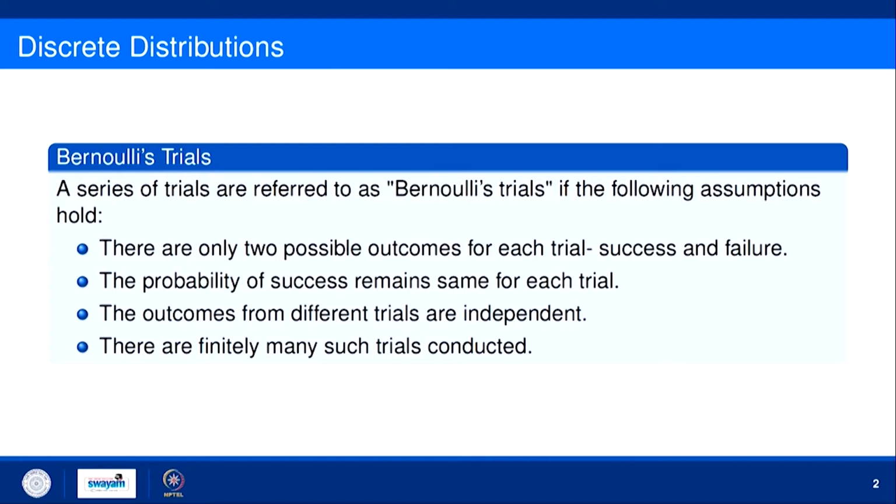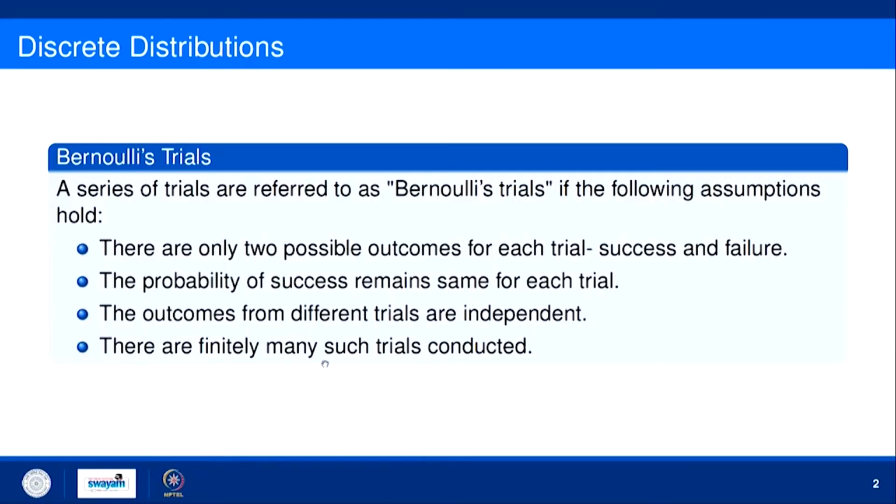Next, the outcomes from different trials are independent. The first trial will not affect the other trial, the second trial will not affect the third trial, and so on. And there are finitely many such trials conducted, not infinite. If these four assumptions hold, then the series of trials which we are conducting are called Bernoulli's trials.